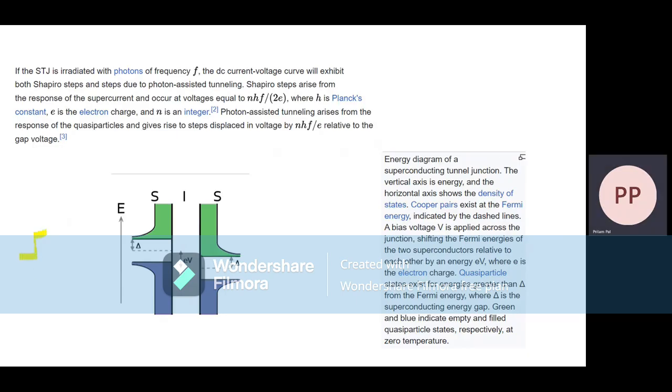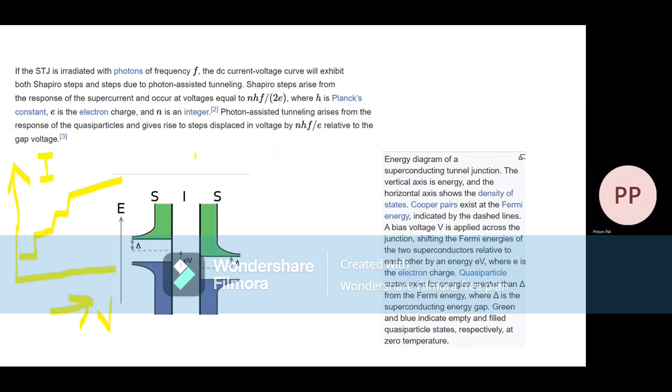In the IV characteristics, this axis is V, and it will be step-like. That is why it's called Shapiro.